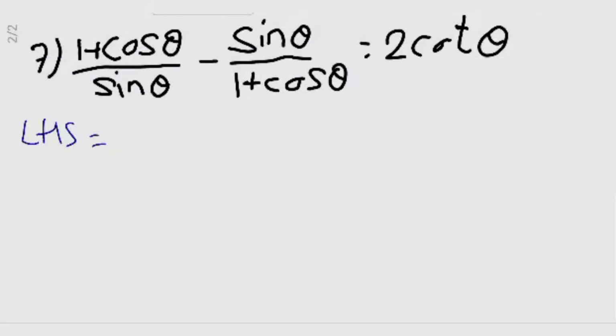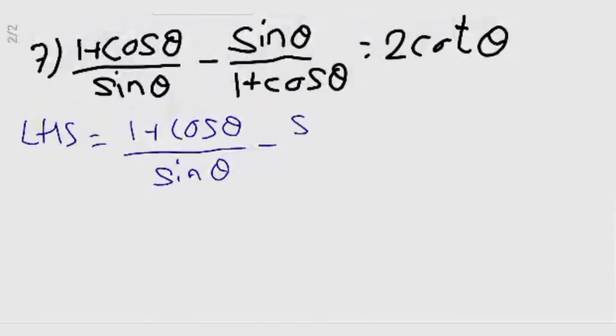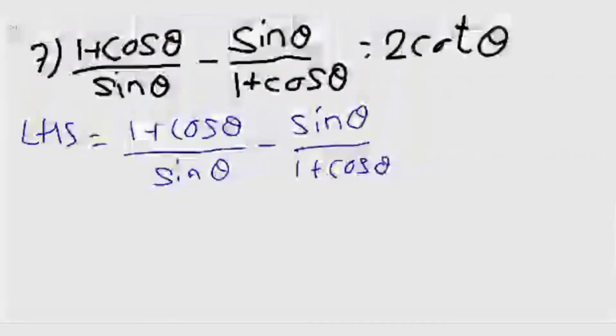LHS is equal to (1 + cos θ)/sin θ − sin θ/(1 + cos θ). So using this LHS we want to prove RHS, that is 2 cot θ. So next here we want to make cross multiplication, (1 + cos θ) into (1 + cos θ) and sin θ into sin θ.